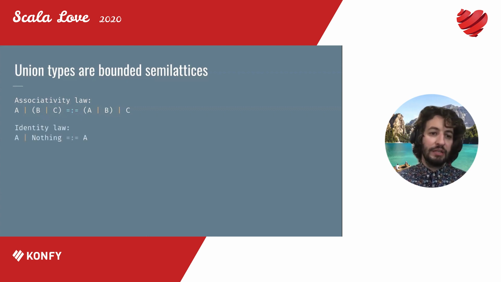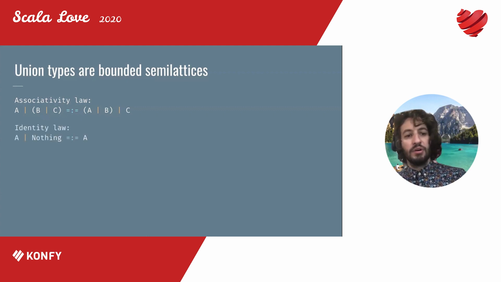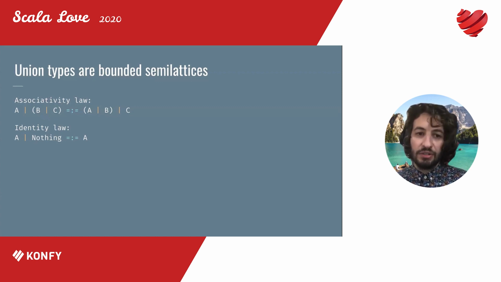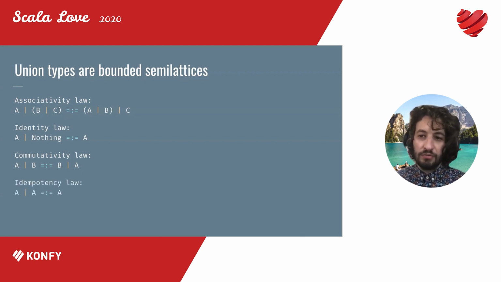So associativity law, identity law, if you have A or nothing, that still gives you A. Commutativity law, these are actually commutative. Idempotency, right? So if you have A or A, that is just A. And again, the compiler will treat all of these as the same.